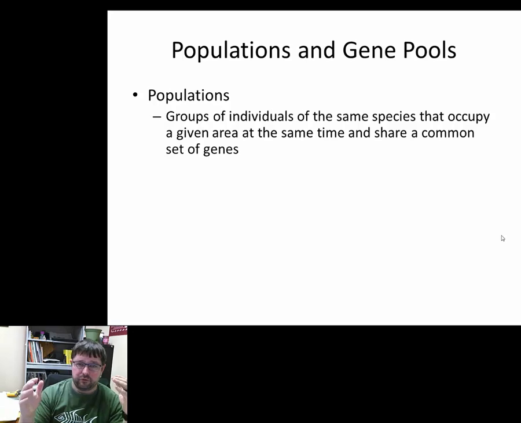And so to examine the gene pool of humans, you would have to take samples of all the alleles from all the different populations throughout the world. It's very difficult. There's 7.7 billion people, and probably billions of populations out there.